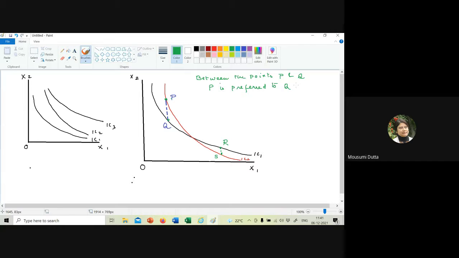Now if I compare Q and R, Q and R lie on the same IC. Both Q and R lie on IC1. Am I right? Yes, ma'am. So what will be the relation between Q and R?